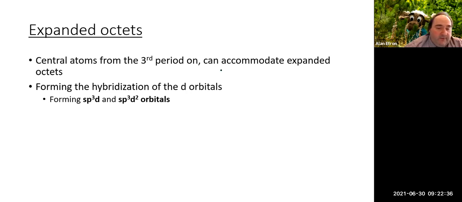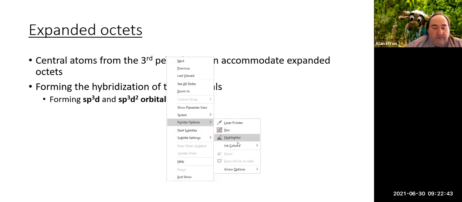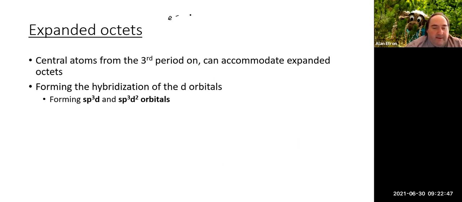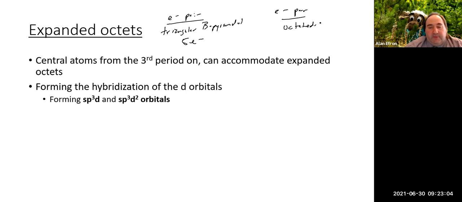They correspond to the electron pair geometry we talked about: the triangular bipyramidal, which has 5 electron pairs, and the octahedral, which has 6 electron pairs.